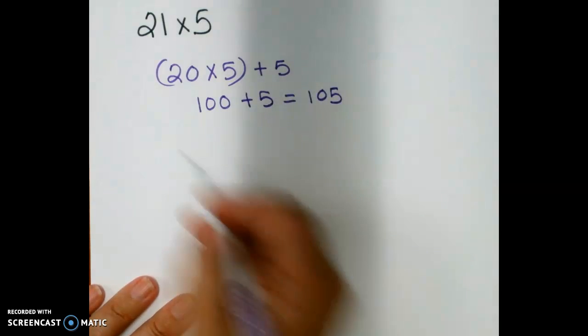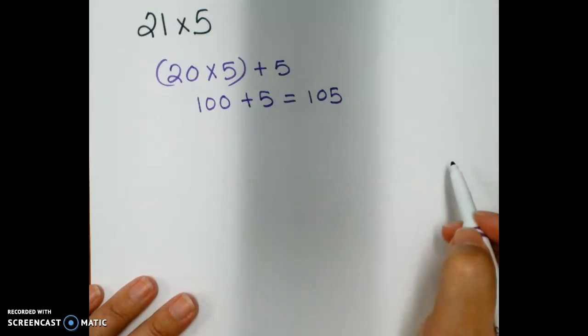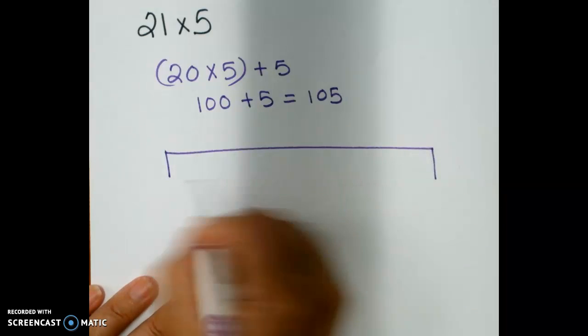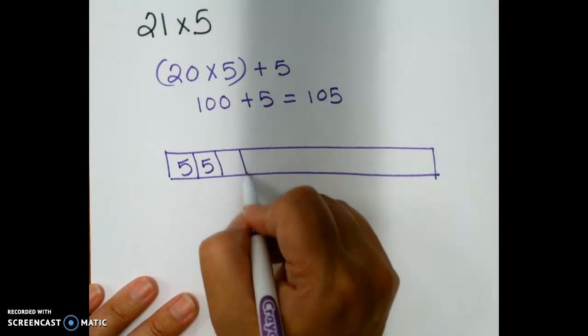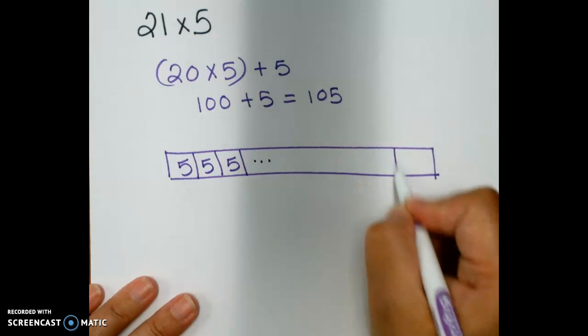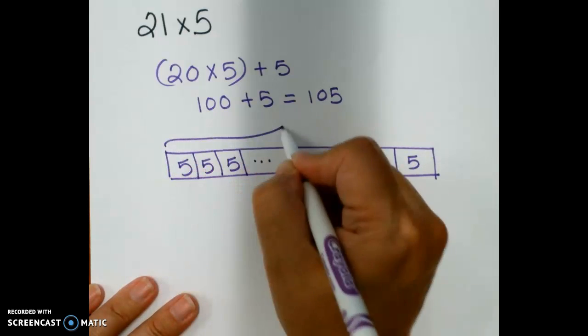Now, I could draw a tape diagram that shows 5 21 times, just like this.